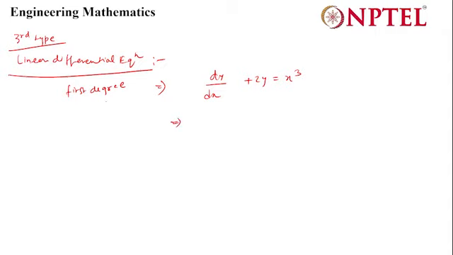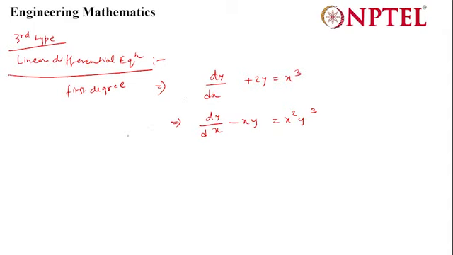Your degree is 1 here. Next, dy by dx minus xy is equal to x square y cube. Tell me, is it linear or non-linear? Non-linear.